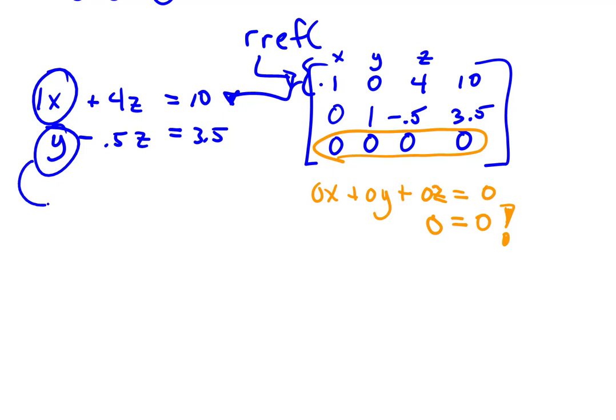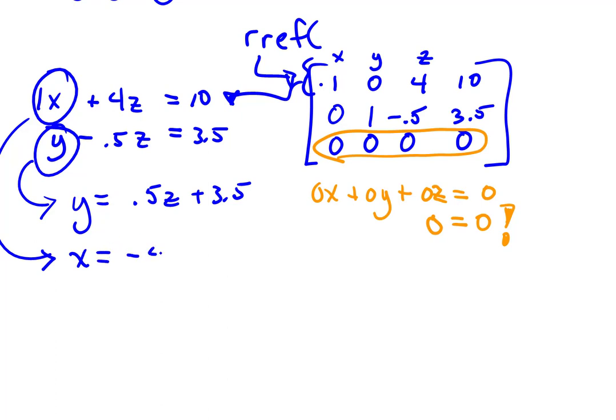Now let's see what happens when we do that. If I pick on the second equation first and solve for y, I'll add 0.5z to both sides, so I'd have y equals 0.5z plus 3.5, that was already over there. If I take the first equation and do something similar but solve it for x, then I would have x equals negative 4z by subtracting 4z from both sides, plus 10, that was already over there.